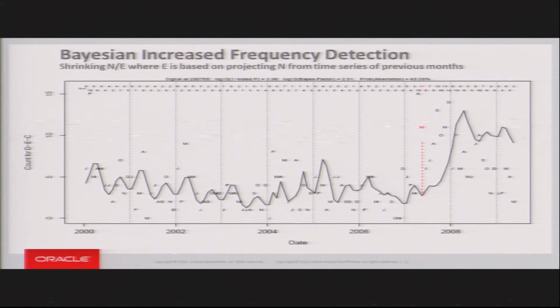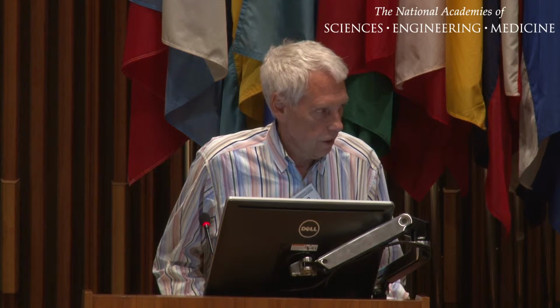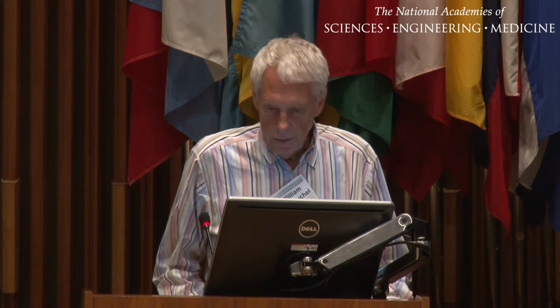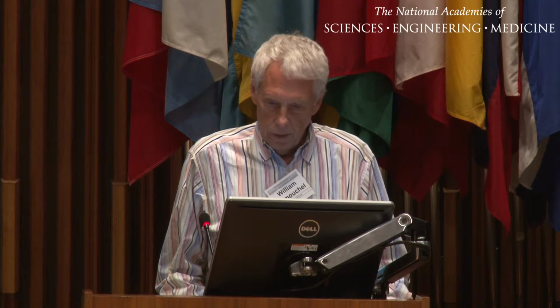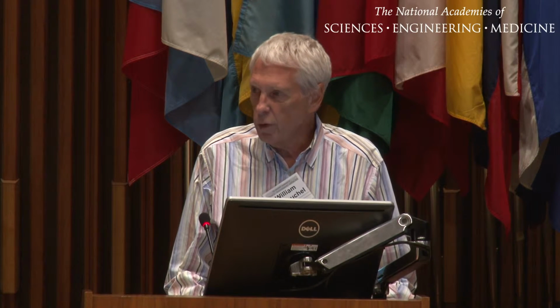And so the line is the projection based on fitting a time series model. The reason why it wiggles back and forth is because there's a seasonality component, and a lot of adverse events get reported more in one season than another. These are just raw counts, and the idea is, can you detect a big change very quickly within the first month or two, without having too many false positives?